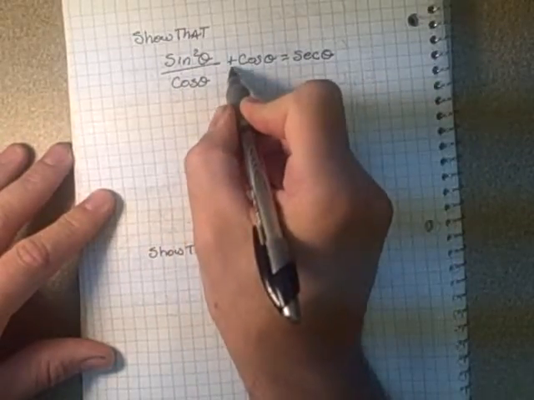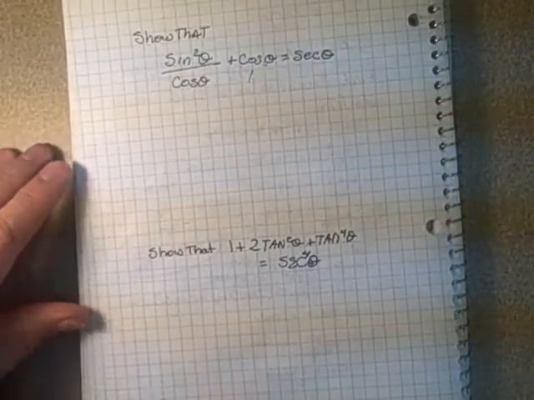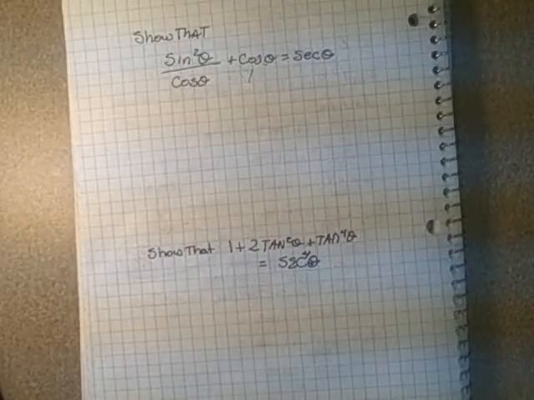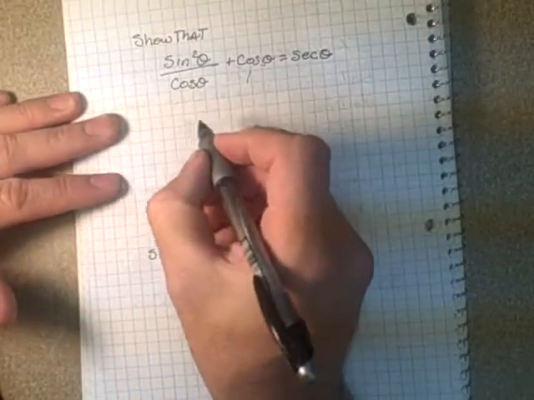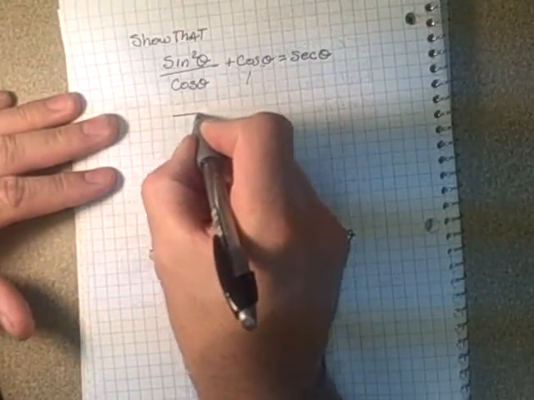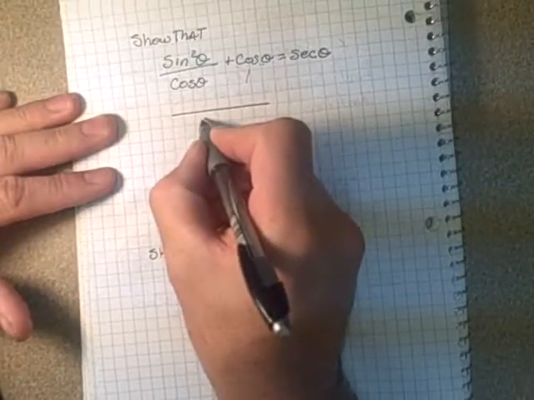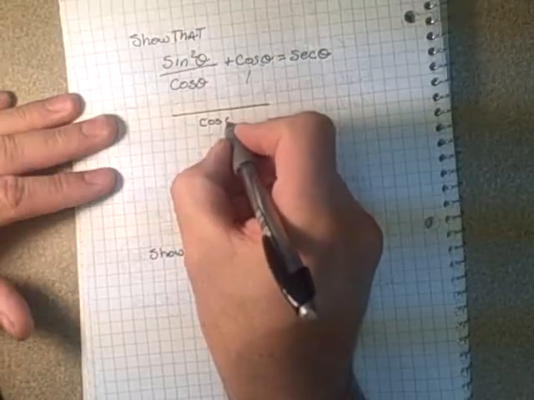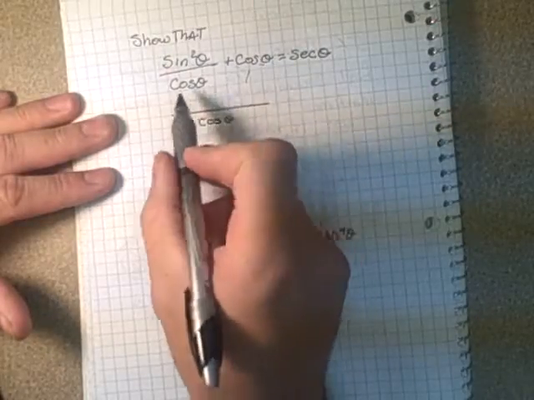So if we put that cos theta over 1, we can say, let's put it all over cosine theta. That's going to be our common denominator.